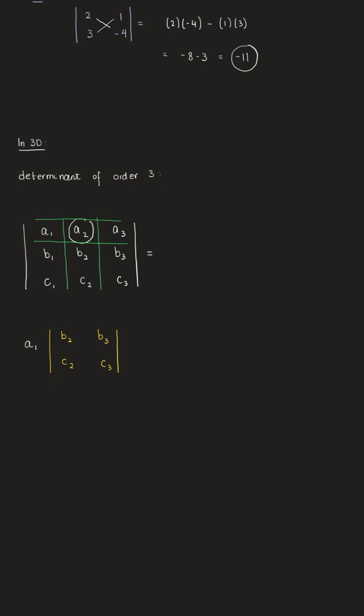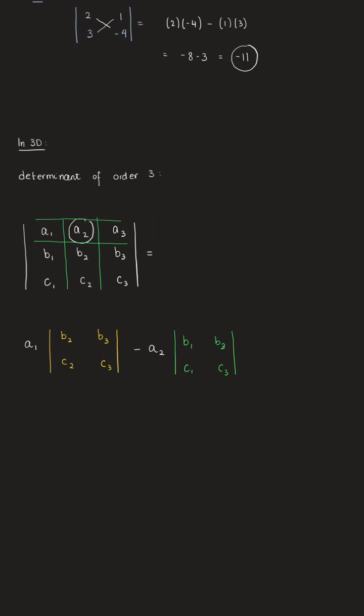We're going to form the determinant from the remaining elements that are not in that row and column. The only difference here is that since we're working with the second term, we're going to do a minus. There's no rationale here yet for this, but we're going to alternate signs. So minus A2, multiplied by the determinant B1, B3, C1, C3. That's what's left after we've ignored the column and row that contain A sub 2.